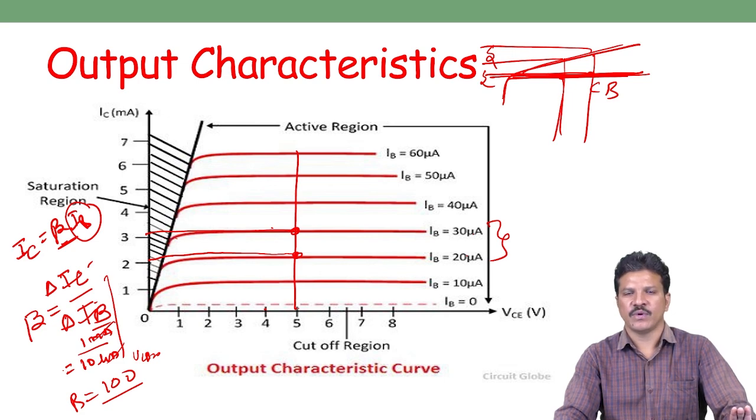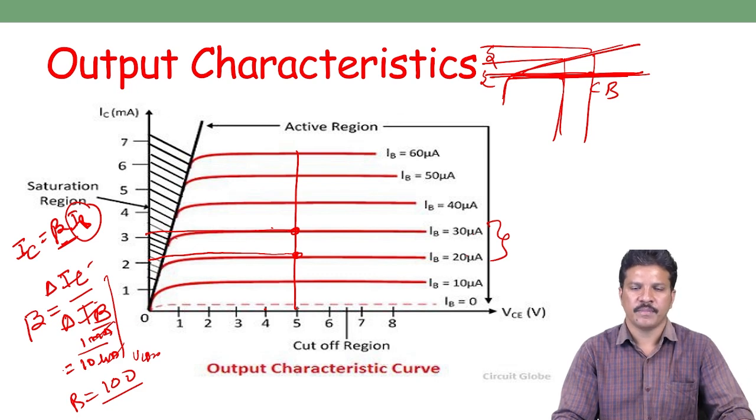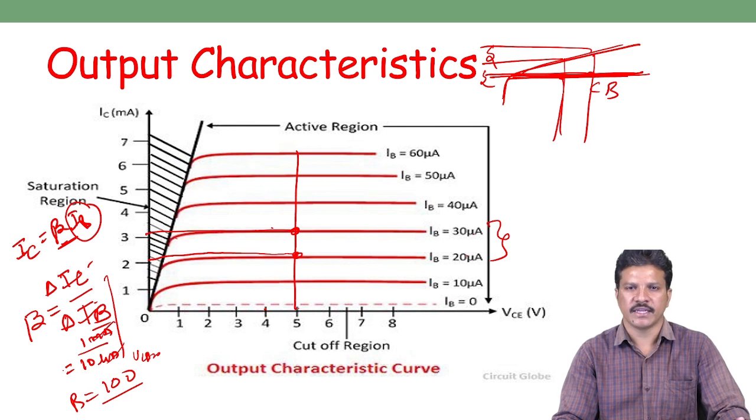By observing the graphs of the input and output characteristics, we can take all these parameters: input resistance, output resistance, current gain and voltage gain. These parameters are helpful for designing an amplifier.